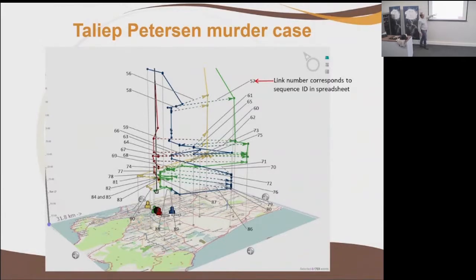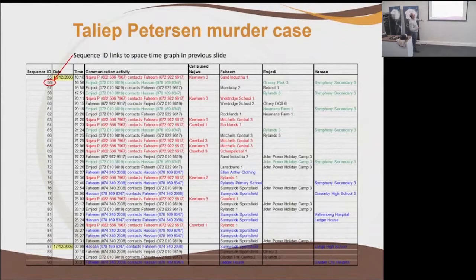And we also numbered each link sequentially, in order of time. We had a spreadsheet where we could say at number 56, the link between the two people was Njeri and Hassan. Njeri was in Grassy Park, a suburb in Cape Town, and the other one was at Symphony Secondary, which was actually very close to the house.